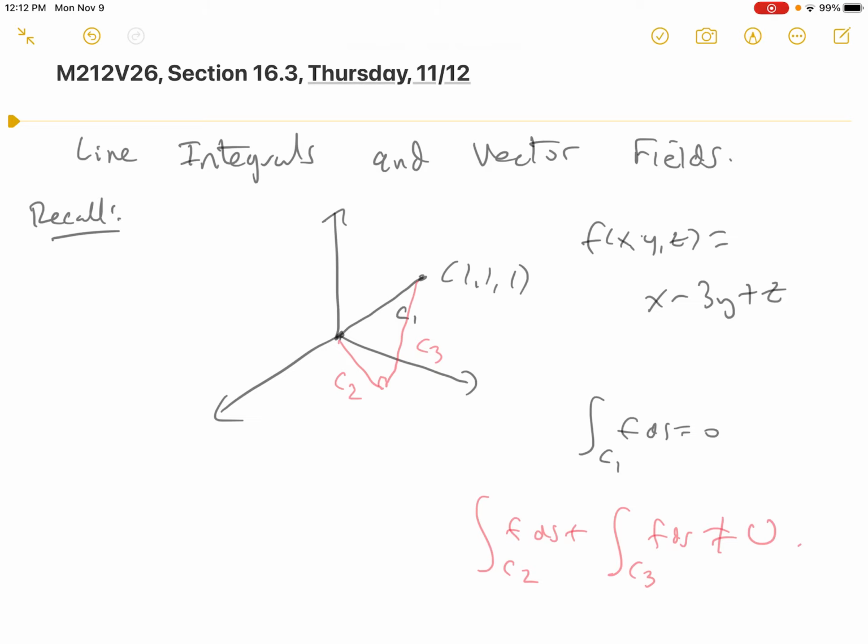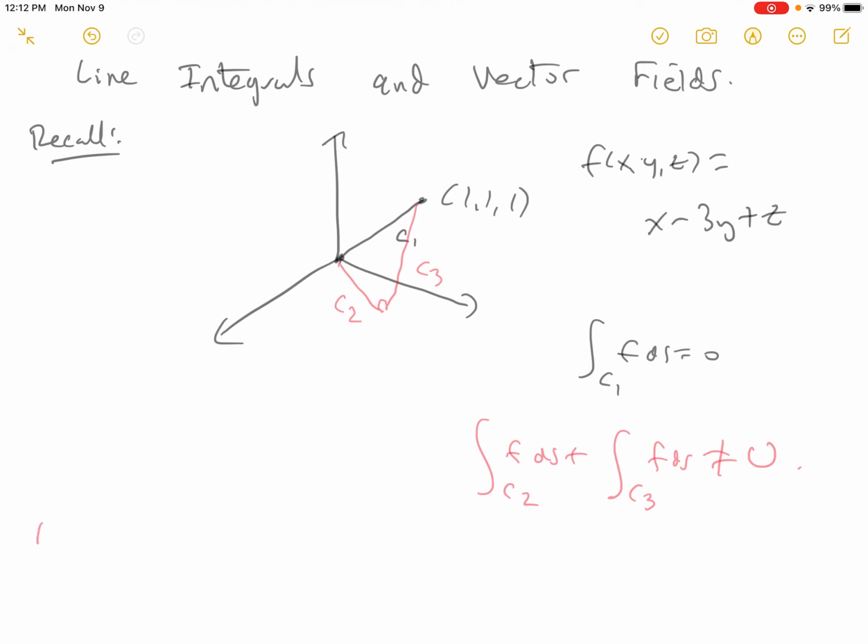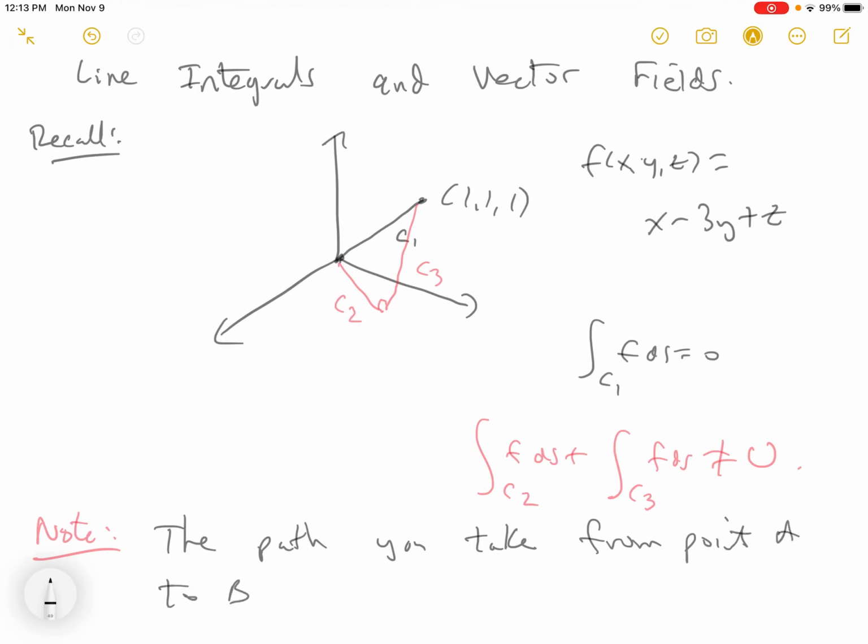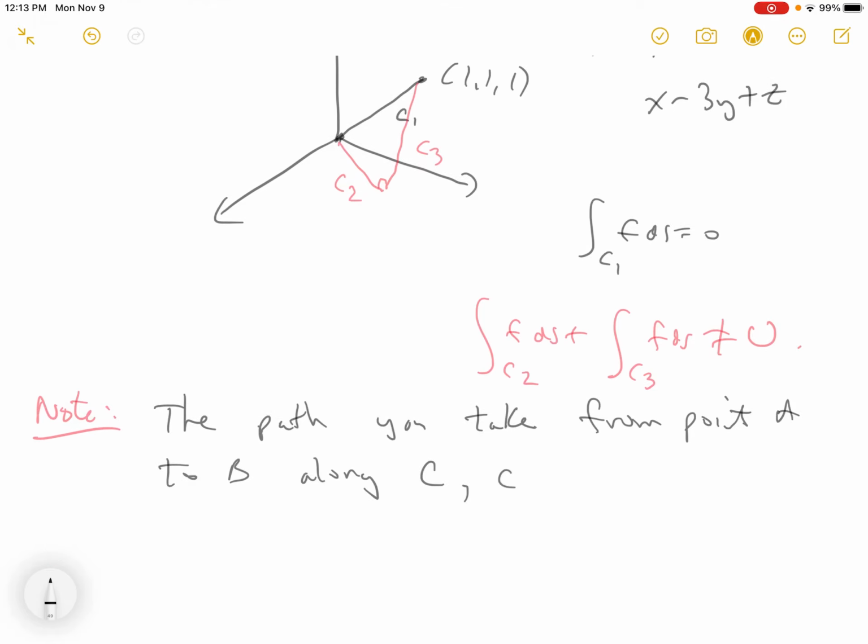And so what I said then, and what we established with this, is that the path you take from point A to point B along C changes the integral value.